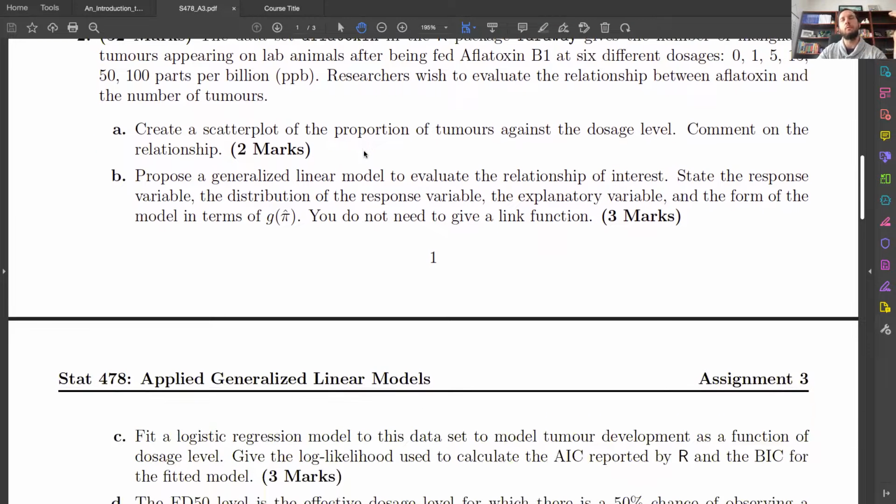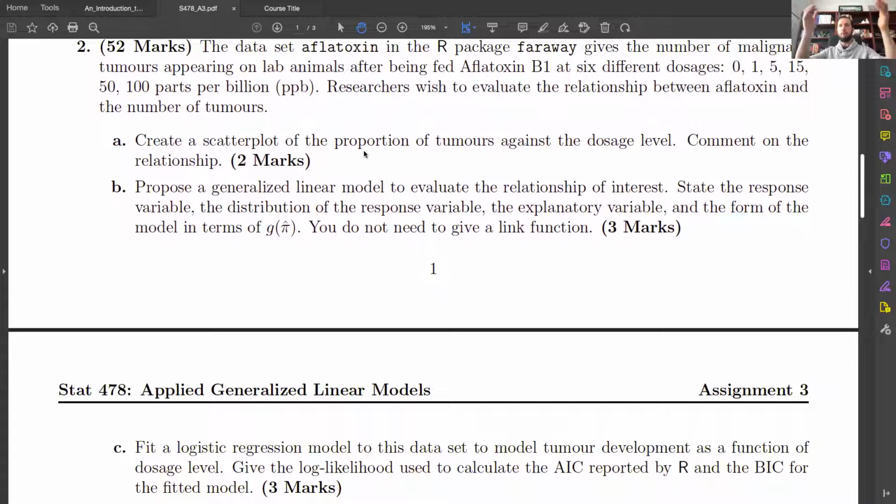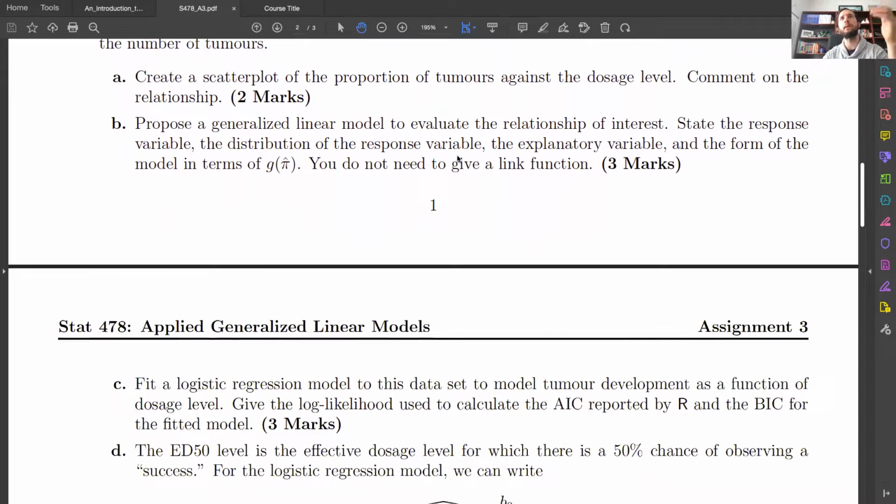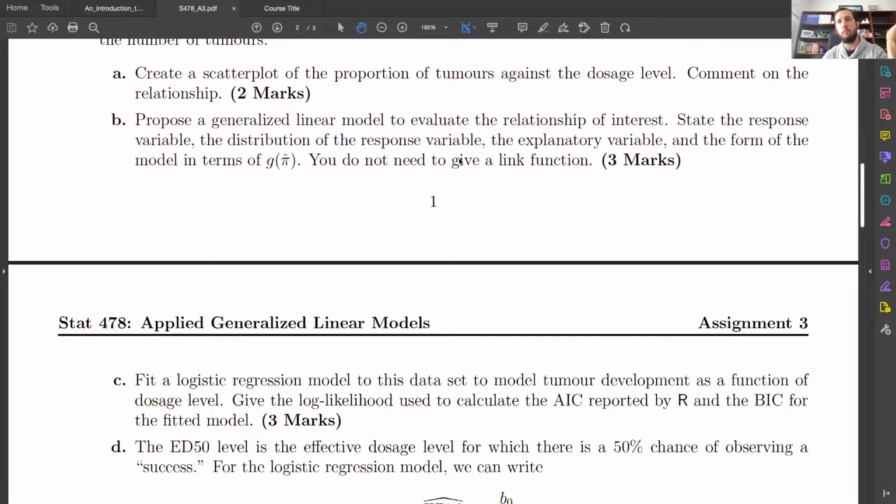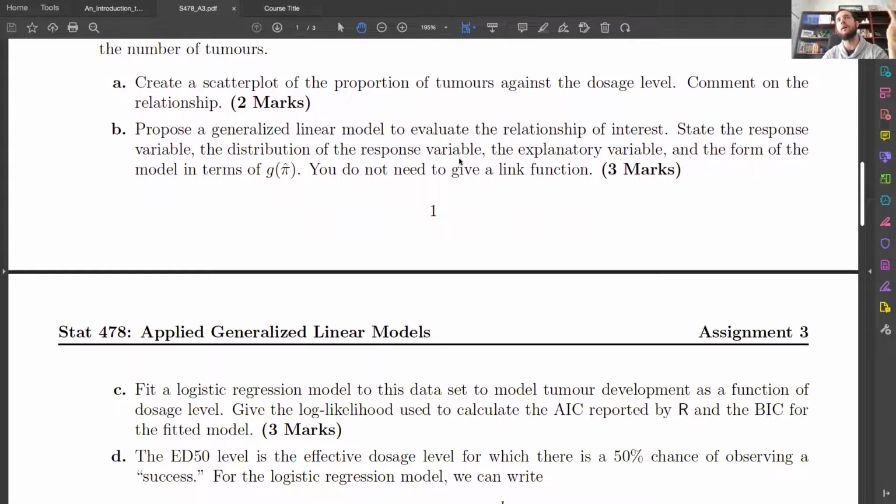And starting from the beginning, we're really just working through model formulation through inference here. So part A, create a scatter plot of the proportion against the dosage level. Part B, propose a GLM. So we want to model the presence of tumors versus the dosage level.